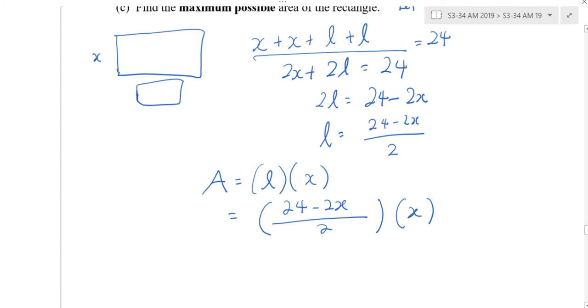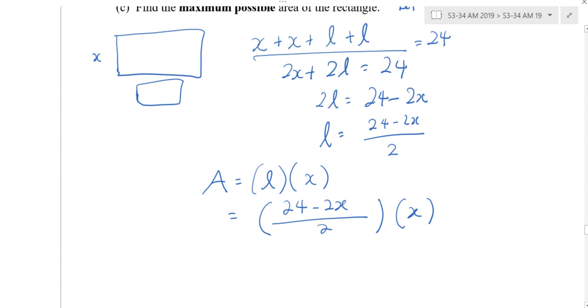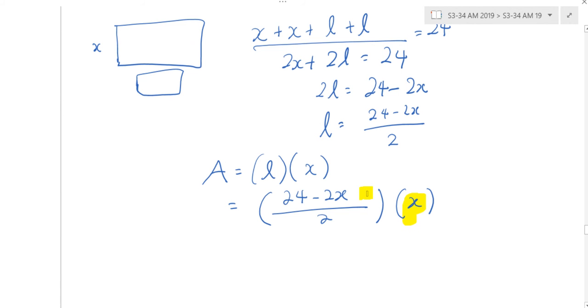Question. If I have this x, does it belong to the top, bottom, or both?